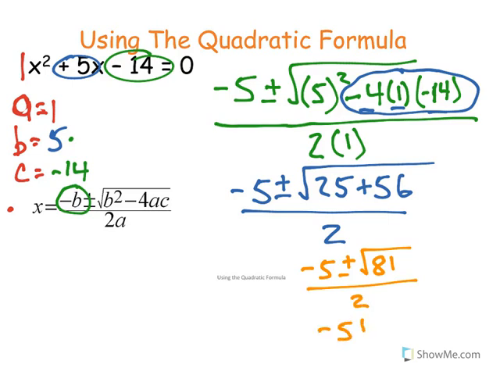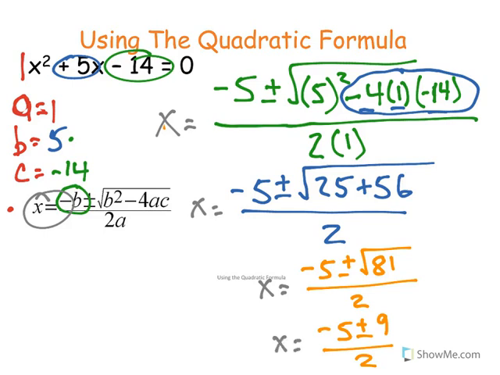Now I've got negative 5 plus or minus, well, I know the square root of 81 is 9. And you know what, I'm realizing that I was being kind of lazy here, guys. I forgot the x equals part, because that's what the formula says. We're trying to find out what x is equal to. All right, so now what I'm going to do, and this will get easier actually when the answers are irrational, I'm going to split it up.